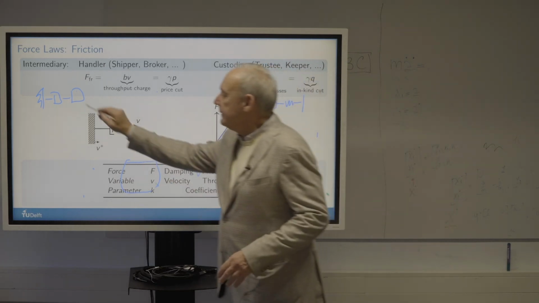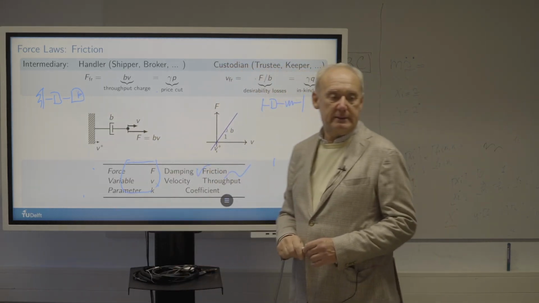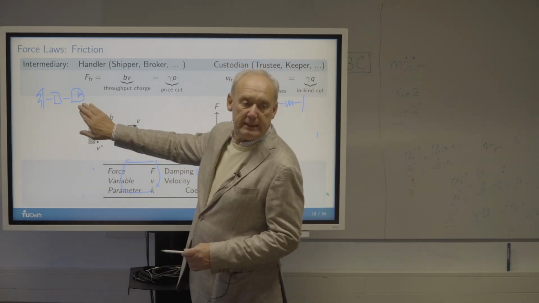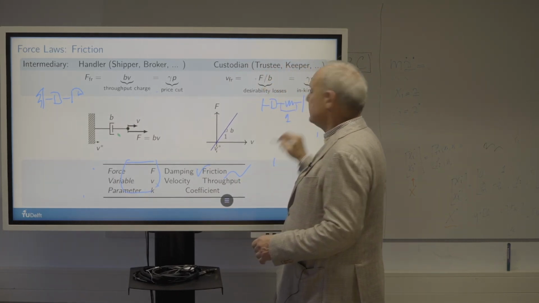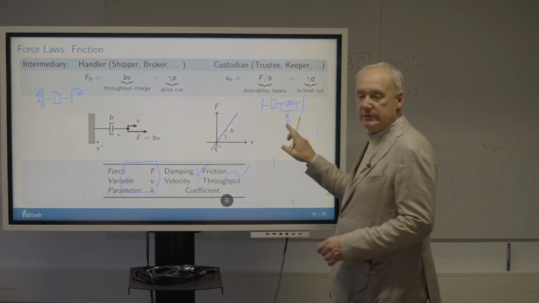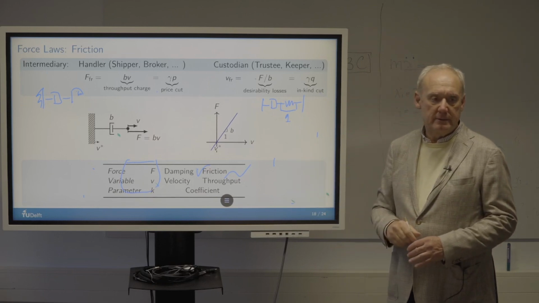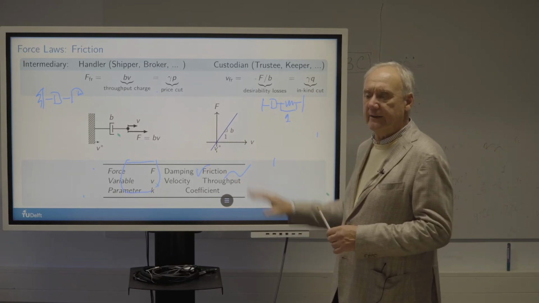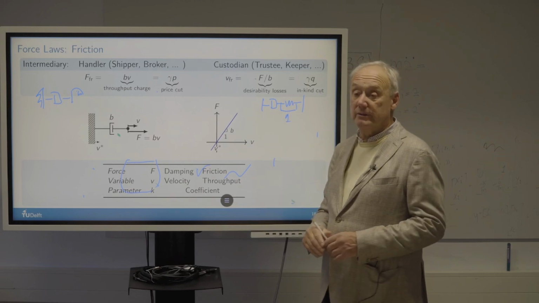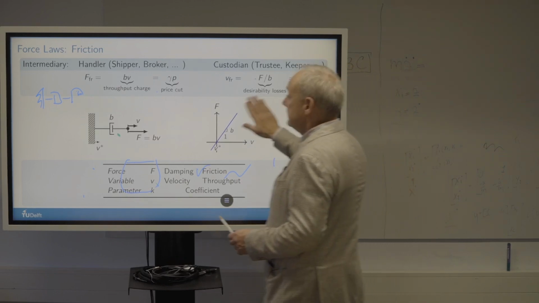Here it will depend on the momentum of the mass, okay? So here it will depend on the price, and here it will depend on the extension of the spring, which is the stock, okay? All right, so keep that in mind. I'm not going to give you the definitions, but those are the two solutions that we have, all right?